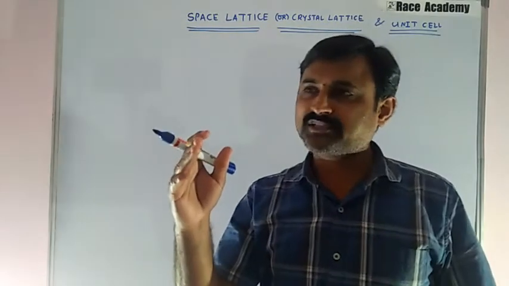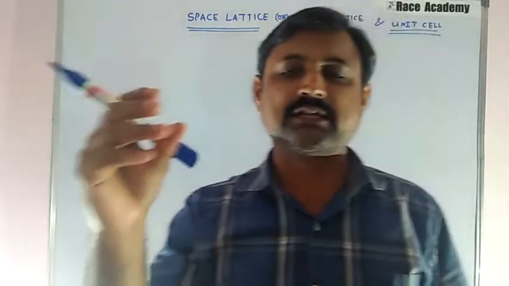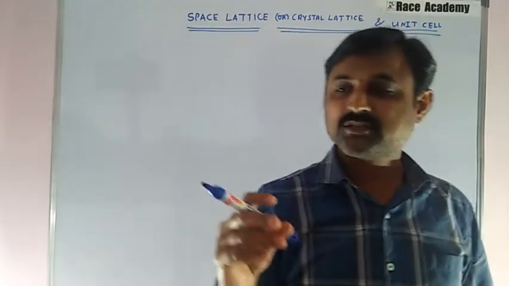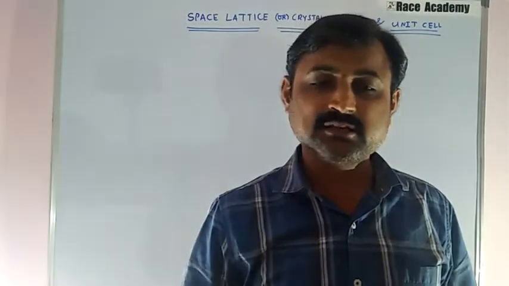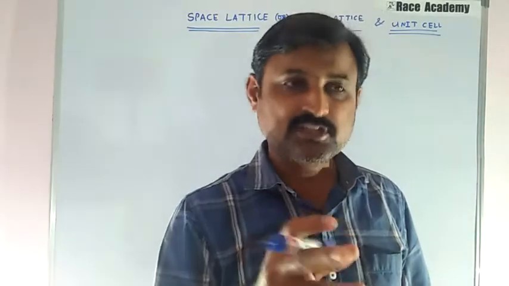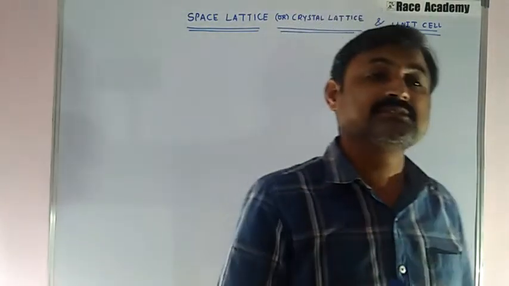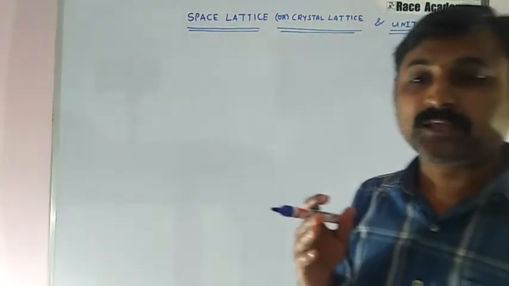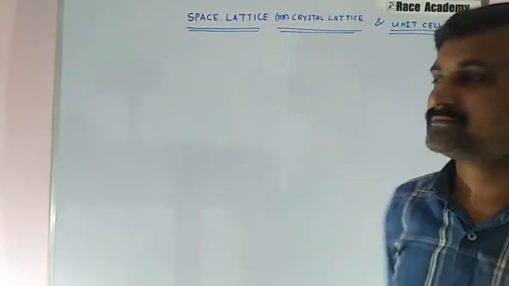Then start giving information by considering the constituent particles. Constituent particles means atoms, ions or molecules that are there in solids. Actually, they will make up the crystal, and these constituent particles in solids are said to be arranged in a regular repeating pattern.